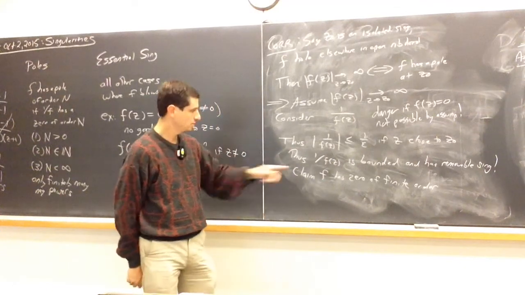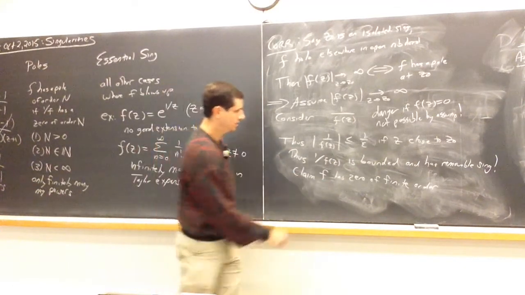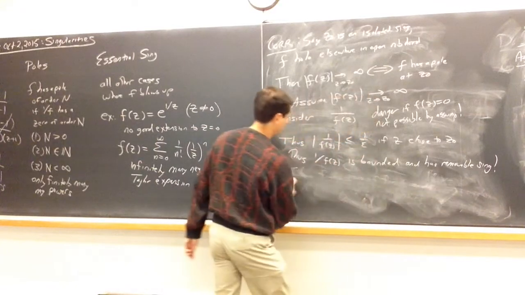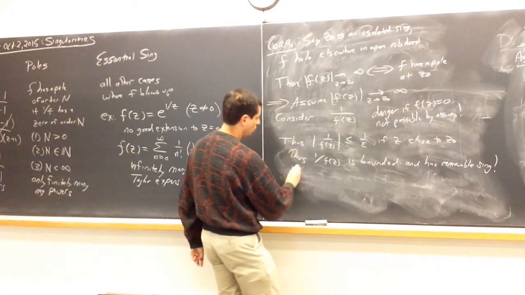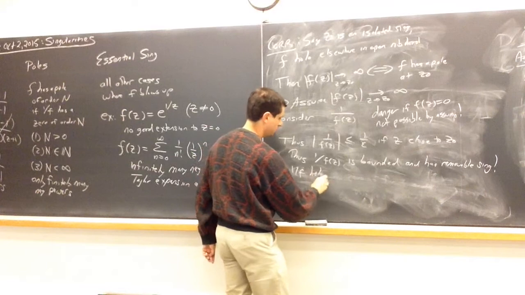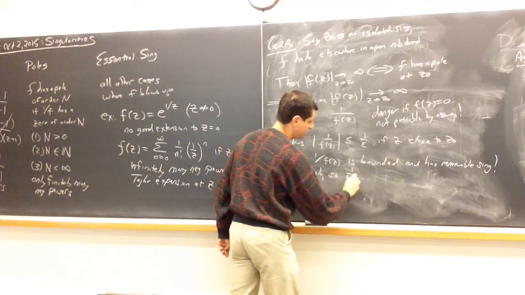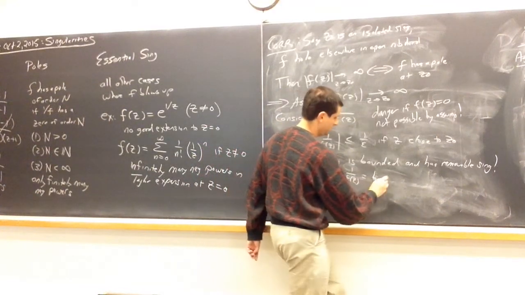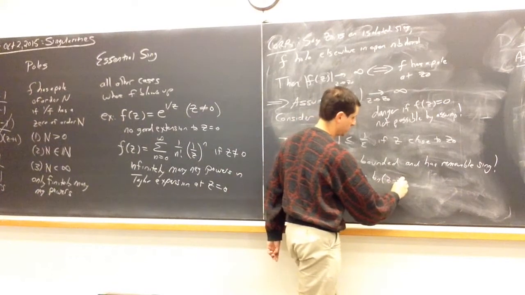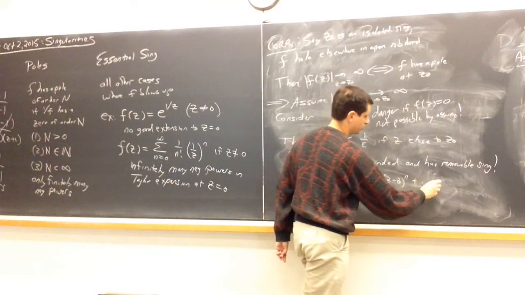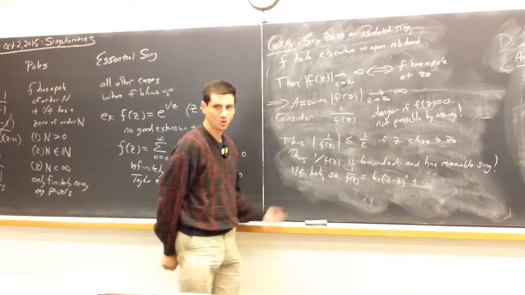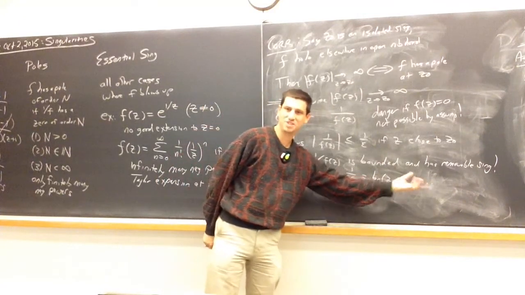So 1 over f of z equals b_n (z minus z0) to the n plus dot dot dot. Because it's holomorphic, holomorphic means analytic.